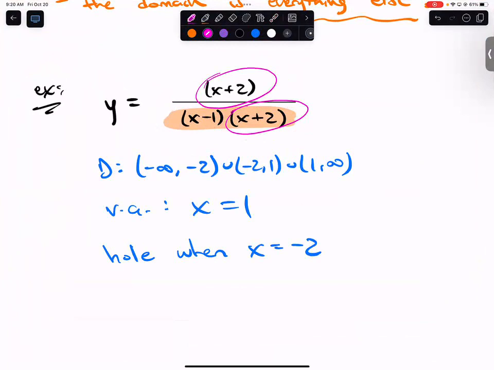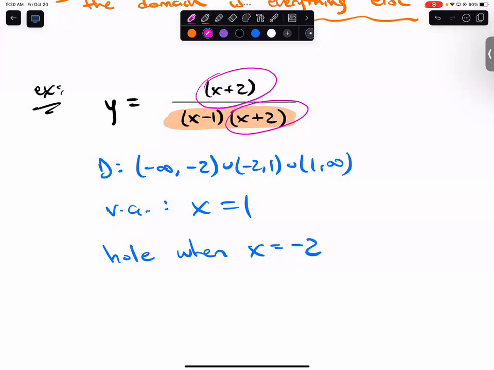For the most part, we're not going to see all that much stuff where a hole or a removable discontinuity actually shows up, but that's how you look for them or deal with them. It's when it gives you zero on the top and the bottom, or you have a common factor in the top and bottom that you would like to cancel like that.